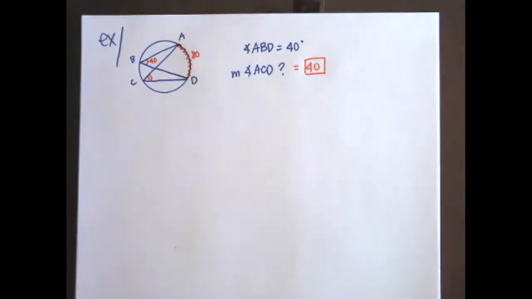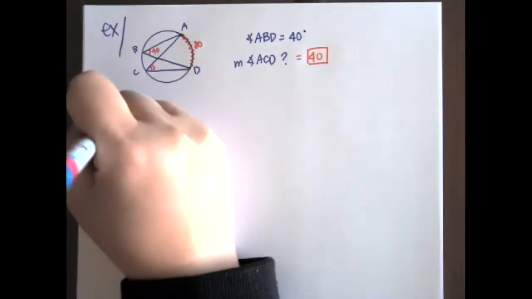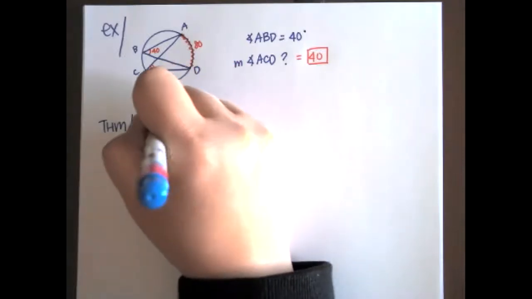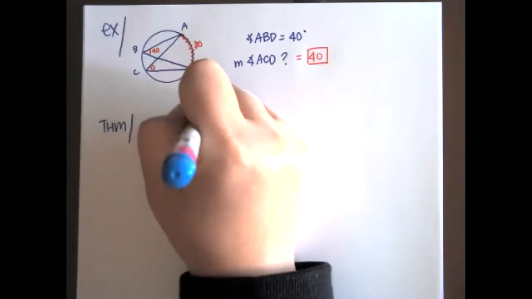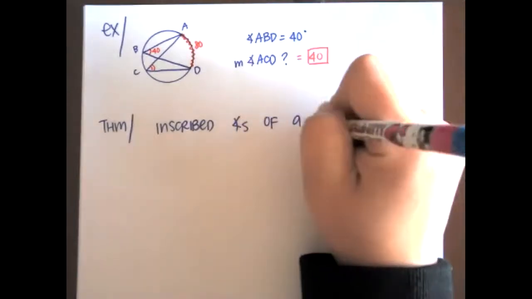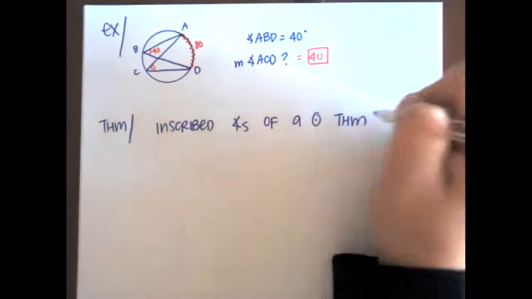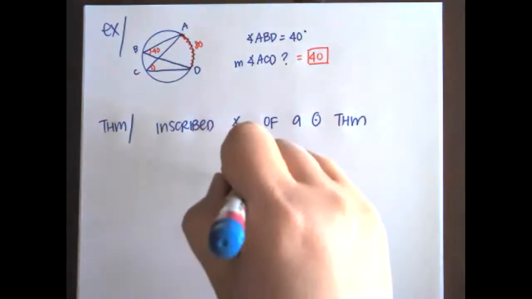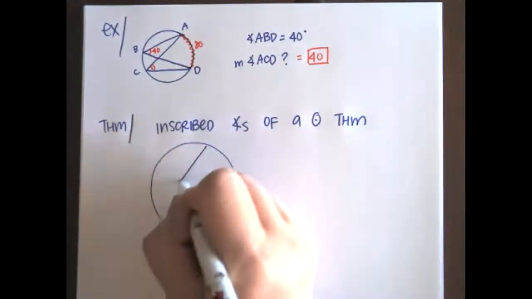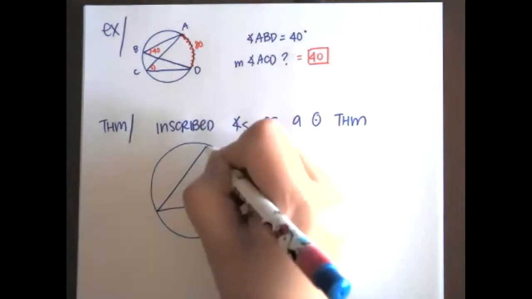So this is actually a theorem. Let's write this theorem down. This is called the inscribed angles of a circle theorem. These names are awesome. Okay, so we have a circle and we have angles like this.